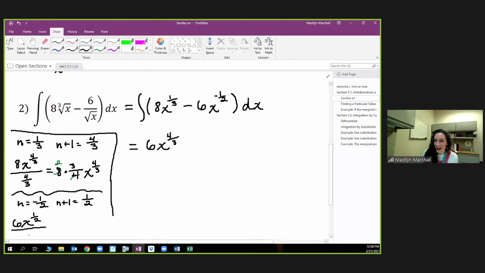And it's being divided by 1/2. Dividing by 1/2 is the same thing as multiplying by 2. So in this one, we have minus 12 x to the 1/2.